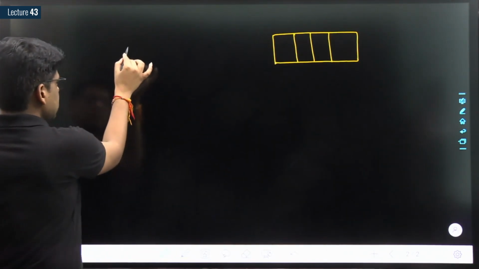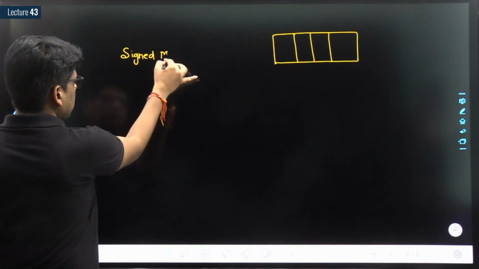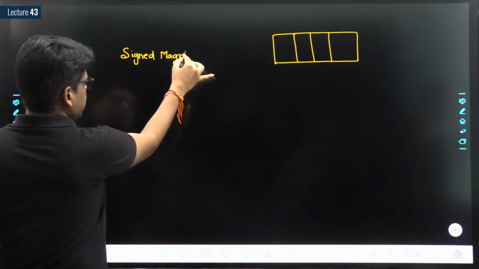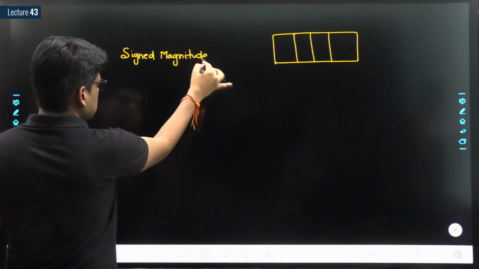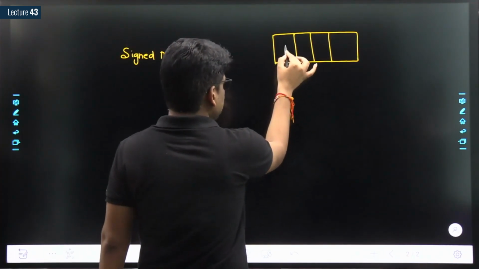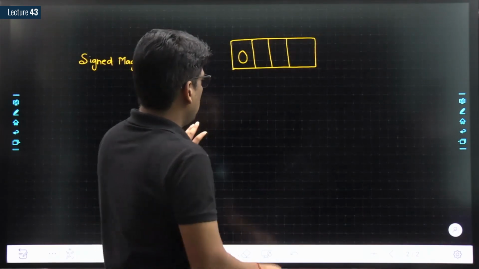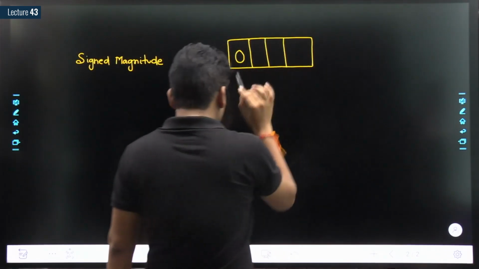First, let me discuss signed magnitude representation. In signed magnitude, the first bit is reserved for sign. The first bit could be 0 or 1.